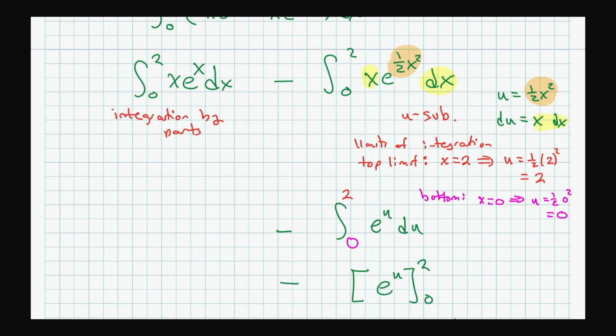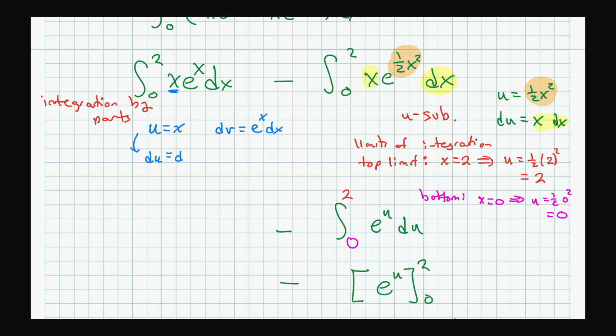Okay. For the other one, we are doing integration by parts. So let's remember how to do integration by parts, I hope. If you have a polynomial, which x is a polynomial technically, then you do u equals that polynomial. The dv is going to be the rest of everything. You go from u to du, which would be dx, by taking a derivative.